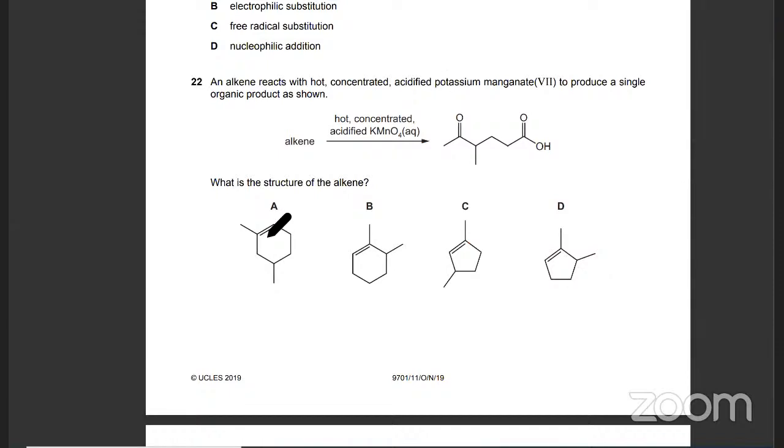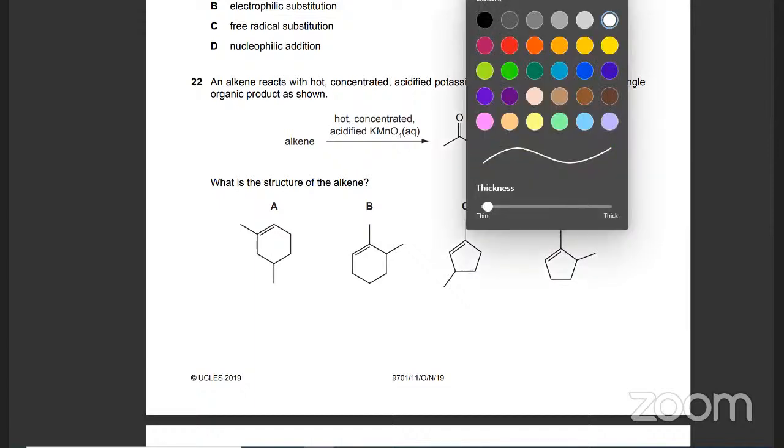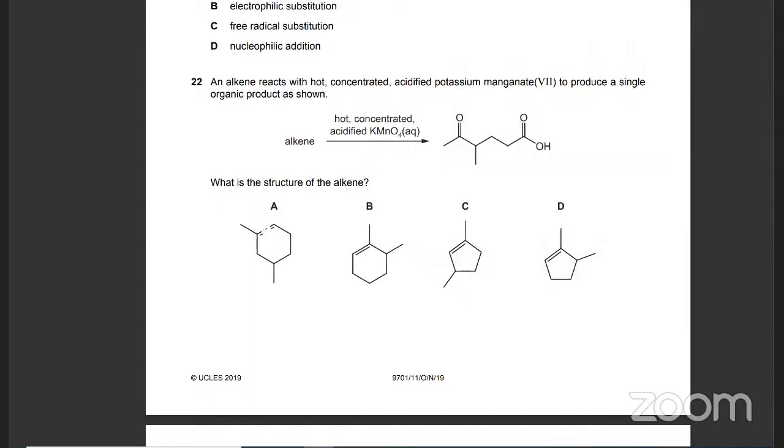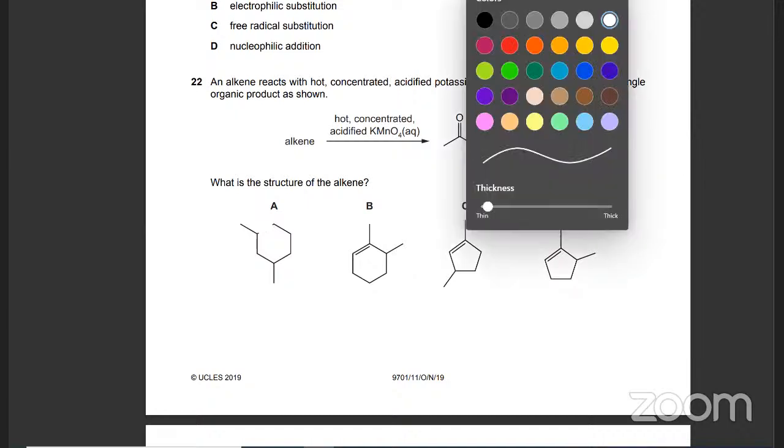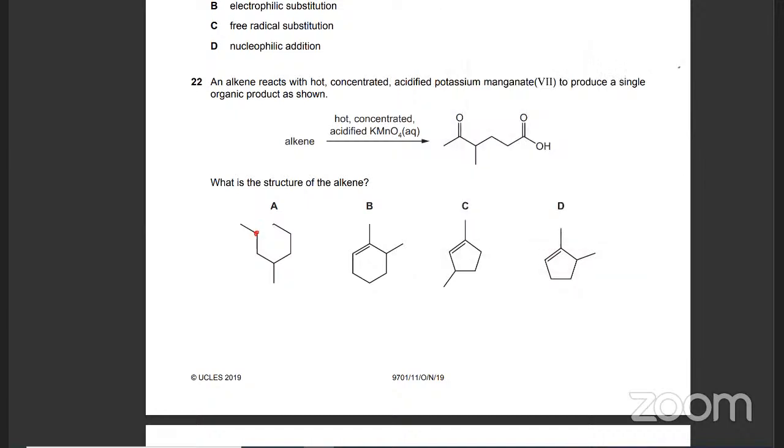So what will happen in this case? The double bond in the middle will break, and you've got these two carbon atoms. What will happen to each one of them? What will happen to the left one?